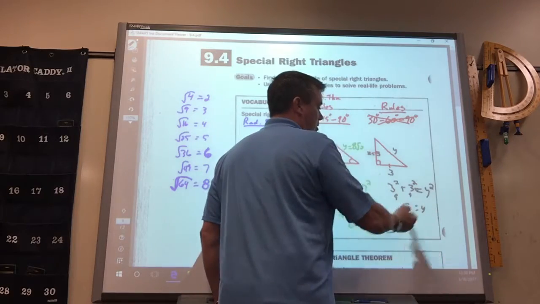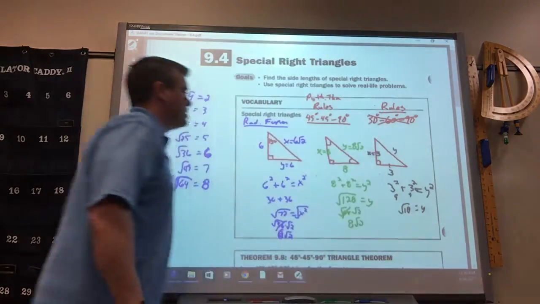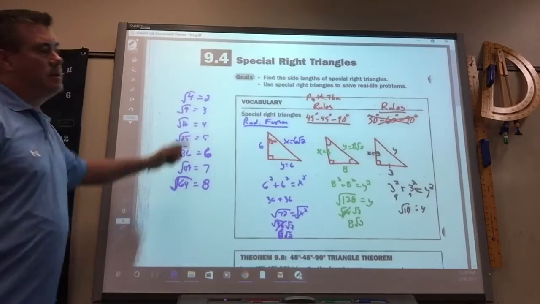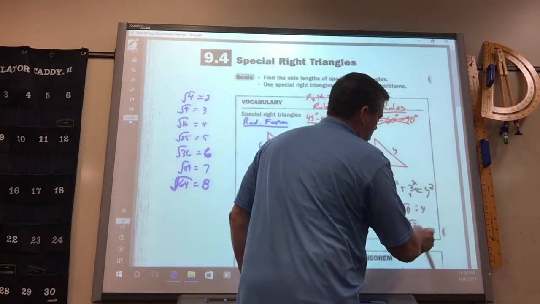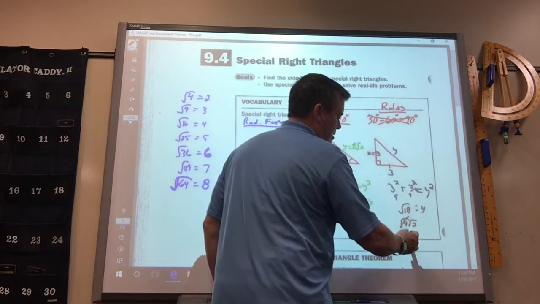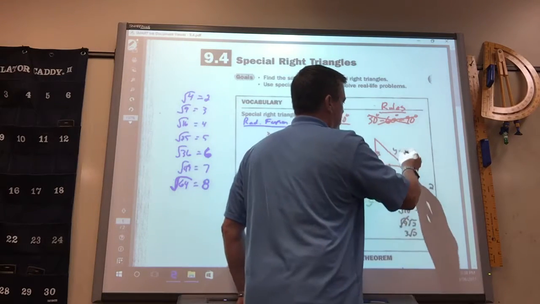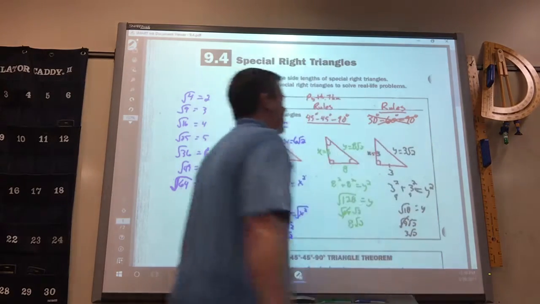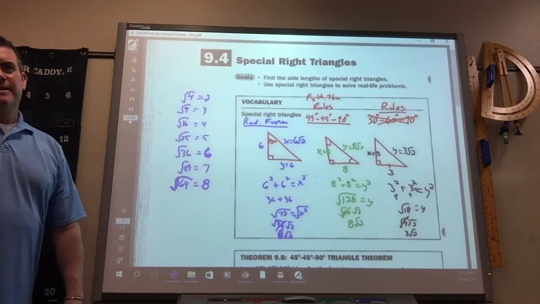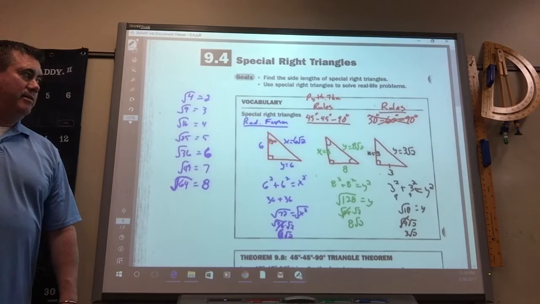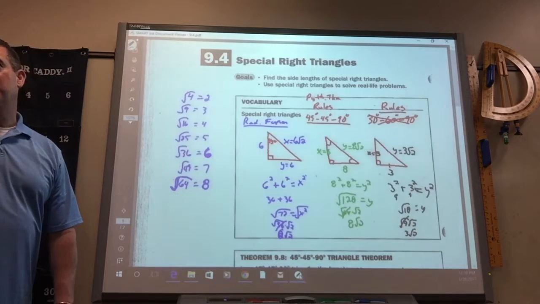And then you've got to square root it to figure out y. What perfect square goes into 18? 9 times 2, which is 3 square roots of 2.